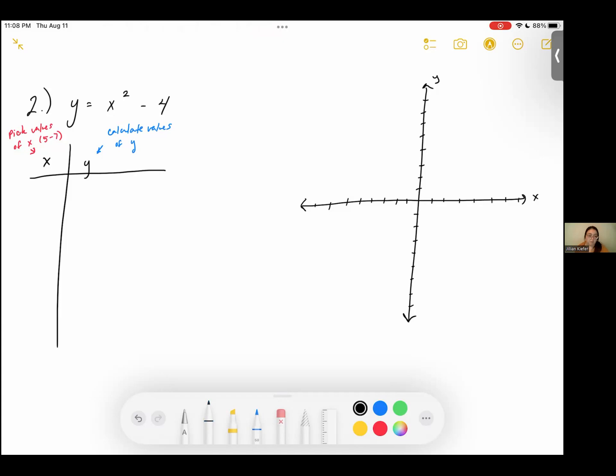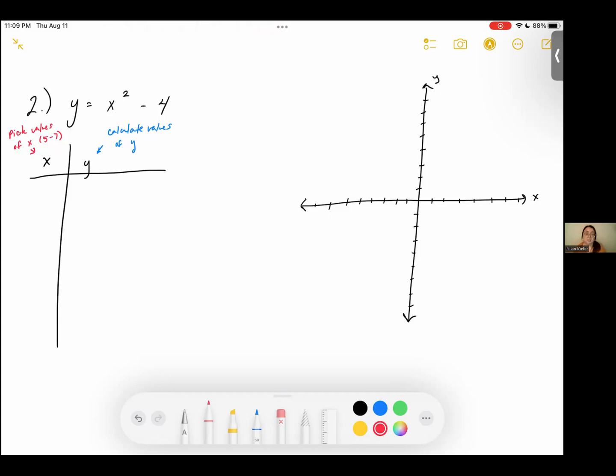So let's go ahead and do that. We're going to pick some values of x, and then we'll calculate y. If we want 7 values, it's always best to try and get a spread around a specific number. So in our case, we're going to pick the numbers -3 to 3 and all the numbers in between.